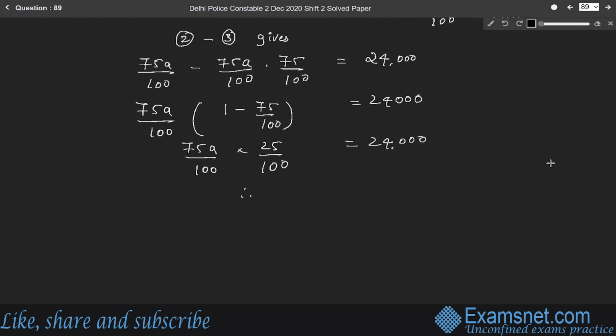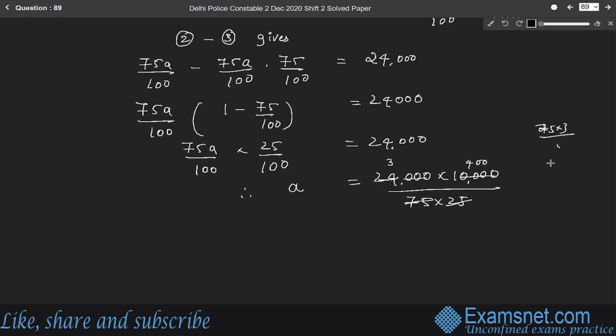Therefore, A becomes 24,000 into 10,000 divided by 75 into 25. Simplify it. So here 25 into 4 is 100, 25 into 400 is 10,000, whereas 75 into 3 is 225, right?